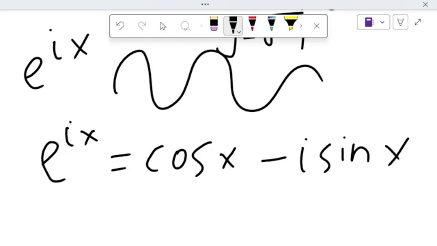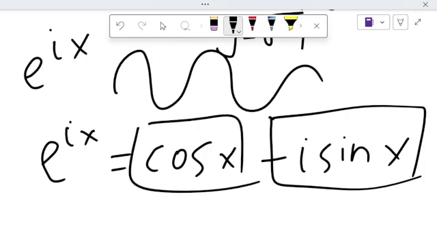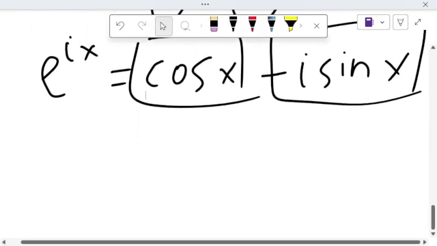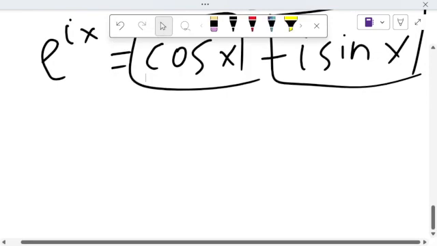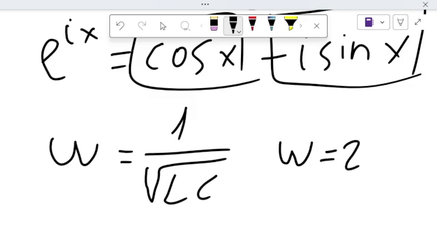So we have a component like this or like this. In easy words, we can write something like this, and this is 2 pi.